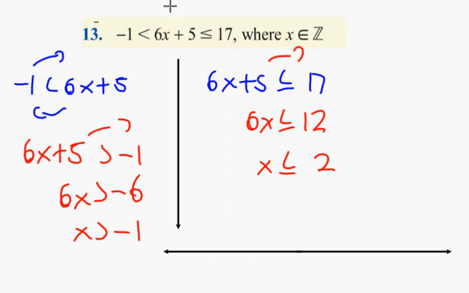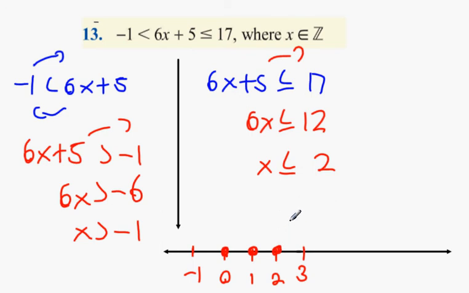So that's our number line. Now, starts at -1. Is -1 included? No, okay. 0 is included, 1 is included, 2 is included, and 3 is not included. So all you have to do is this. 0, 1, and 2. There's 3 answers, okay?